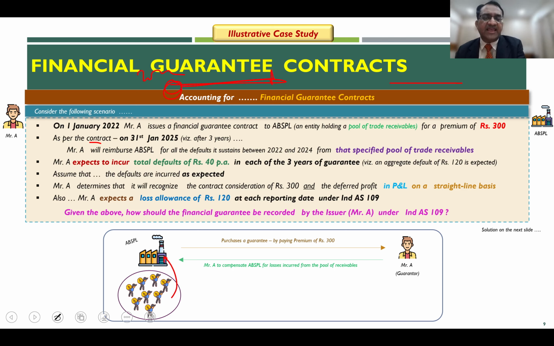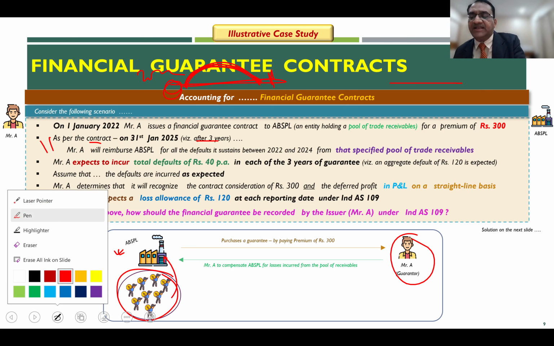Now, for the next 3 years, let's say by end of December 2024 or January 2025, after 3 years, whatever loss gets sustained by ABSPL on account of this pool of trade receivables that is being guaranteed by Mr. A.